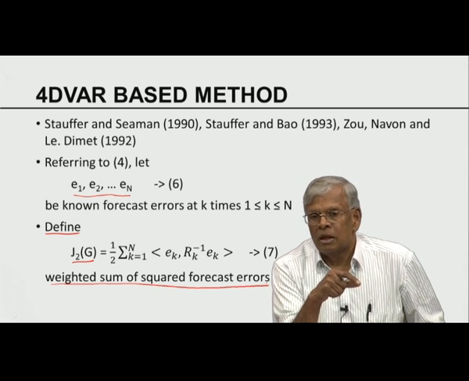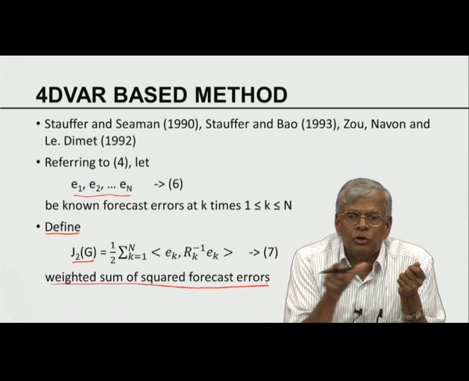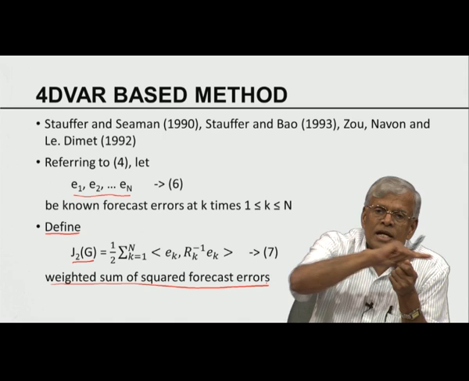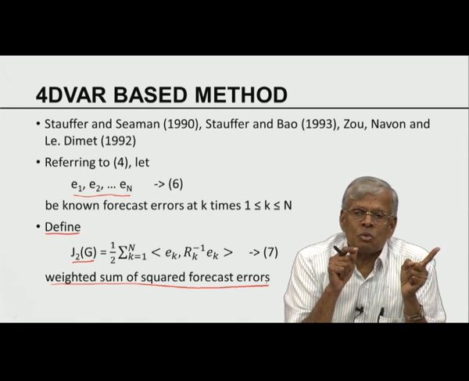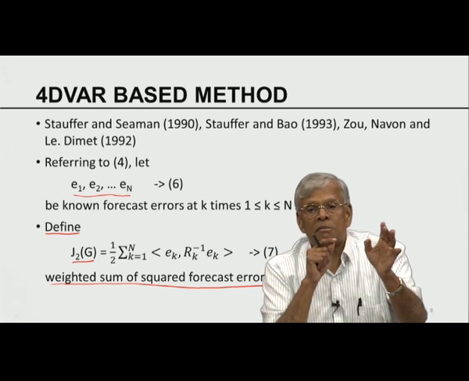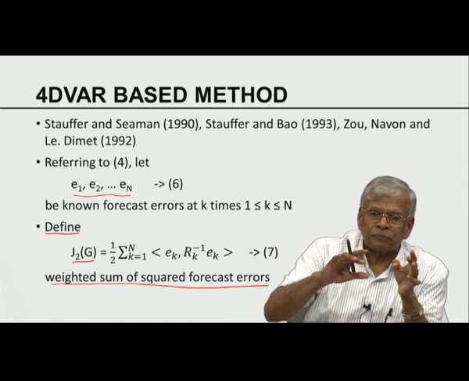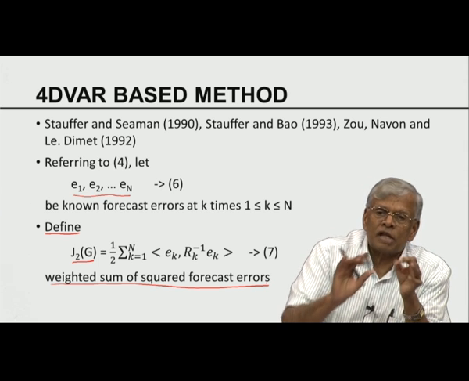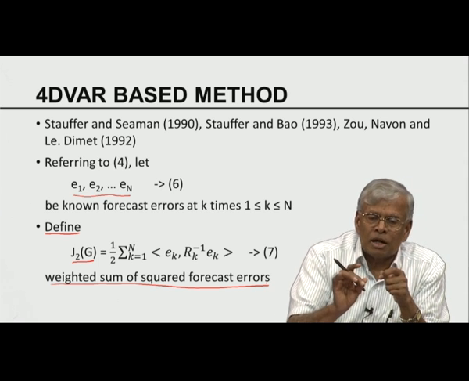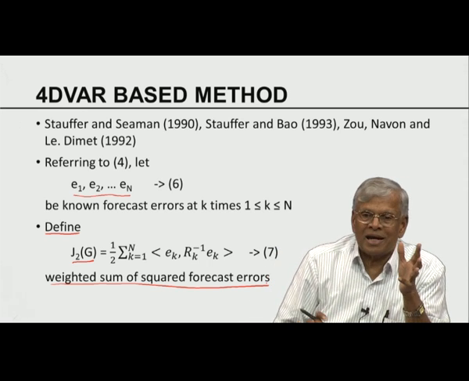to be able to estimate G. Another difference is that in classical 4D-Var they used this kind of objective function to decide the optimal initial condition. In nudging, I am not going to worry about where the model starts. Initially the model may have forecast errors, but as time goes on, adding the G Ek forcing to the model will try to correct the model forecast errors while the model is in evolution. So that is the basic idea.